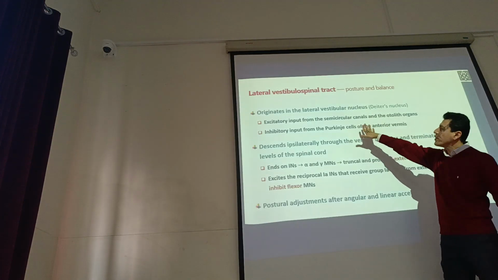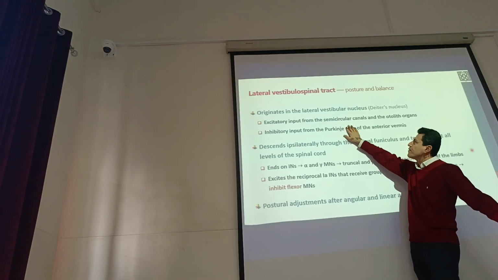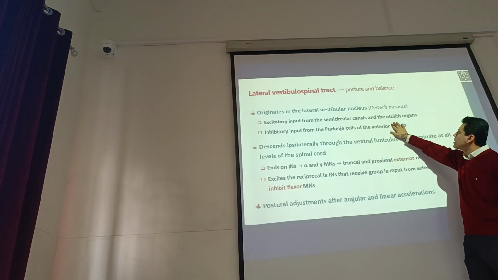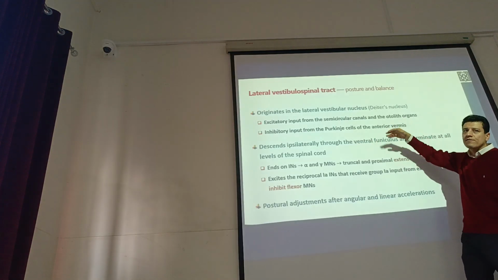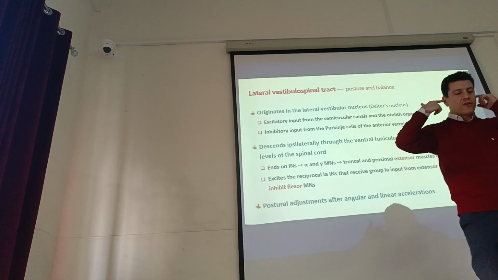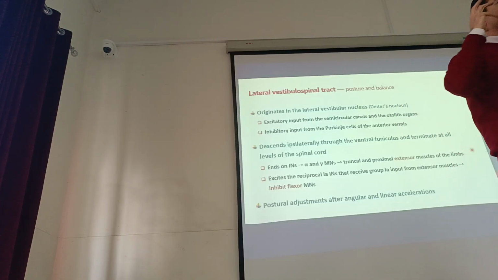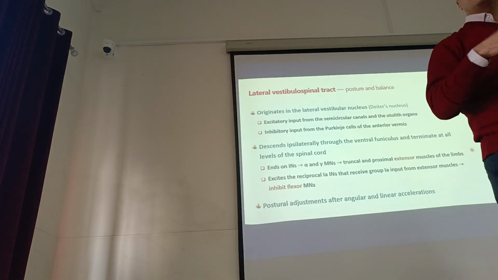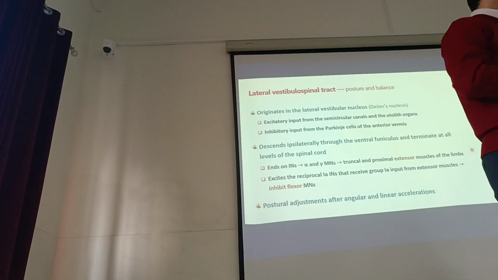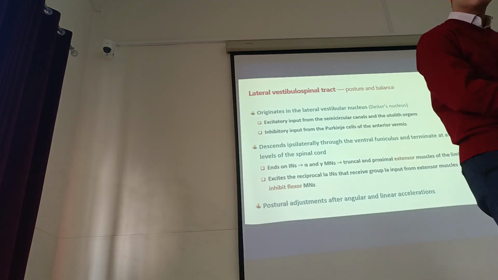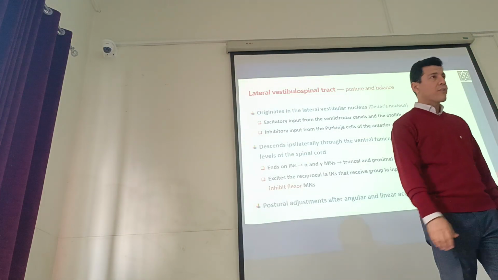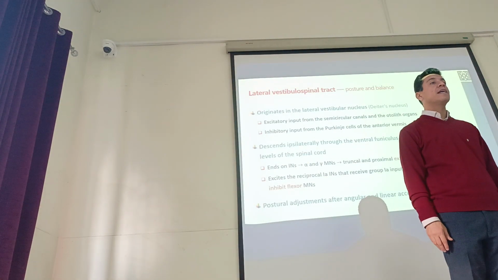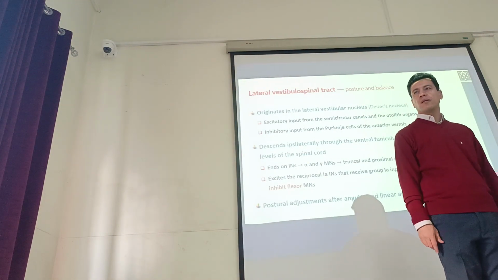So they receive excitatory inputs from semicircular canals and otolith organs from the internal ears. So from internal ears, we have signals that originate from vestibular apparatus. They go to vestibular nuclei. Vestibular apparatus is important for detecting any change in the balance.